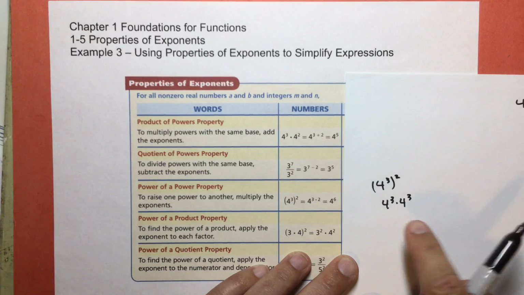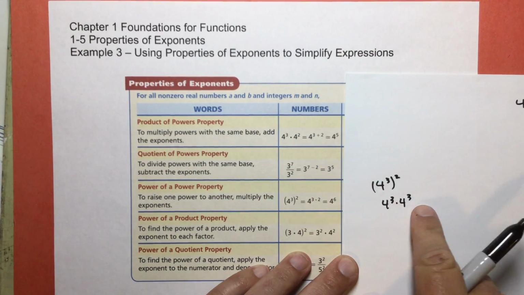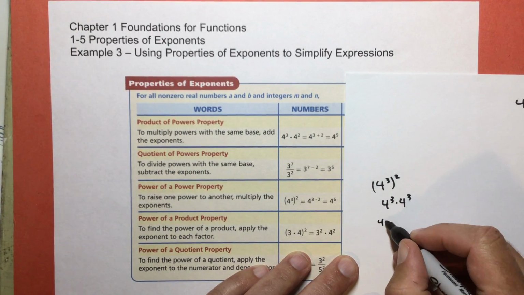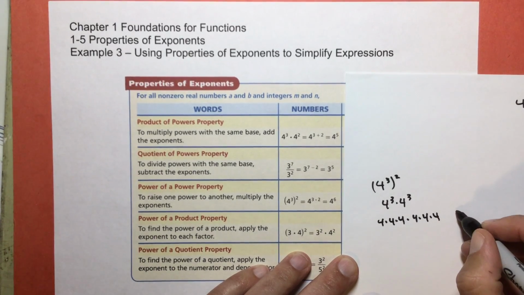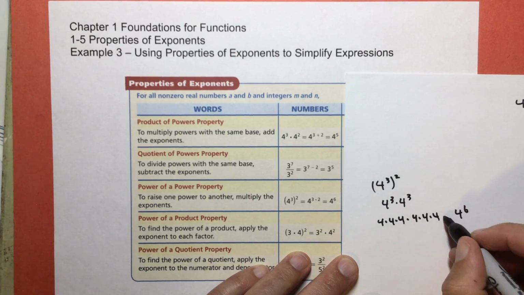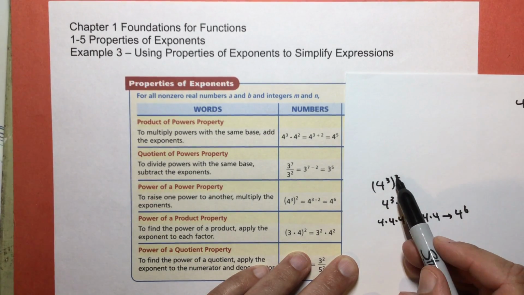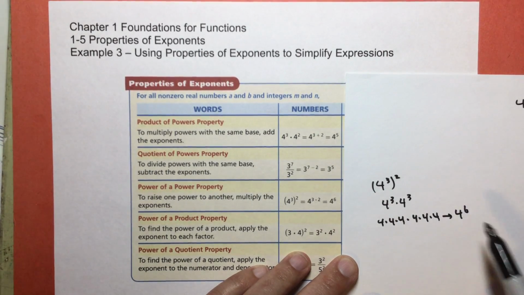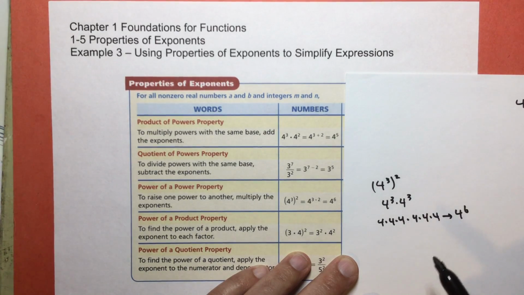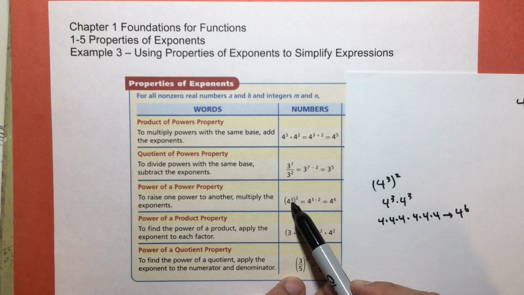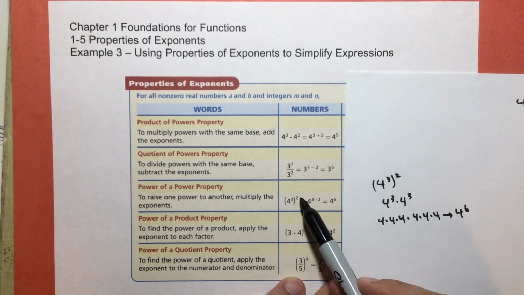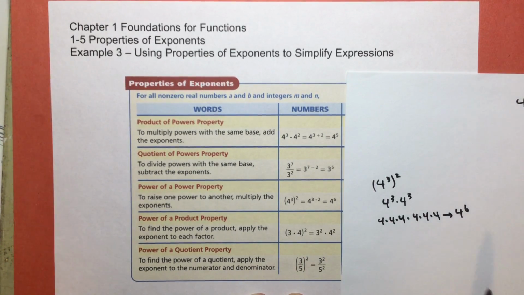And if I wanted to expand it, I get 4 times 4 times 4 times 4 times 4 times 4, which is 4 to the 6. So how do I get 3 and 2 and it ends up with 6? I multiply. That's the same as the 3 plus 3 here. So if I have an exponent on another exponent, then I'm going to multiply the powers.